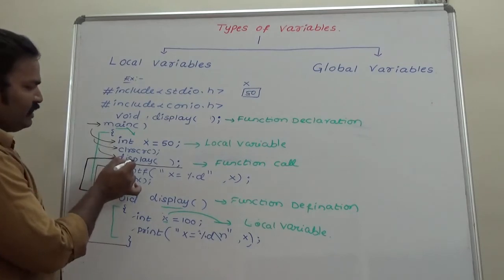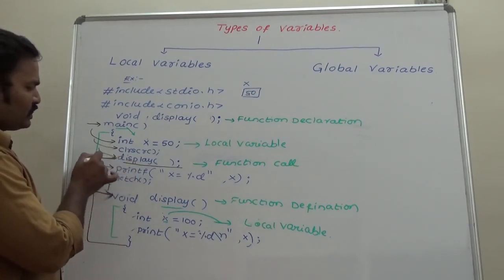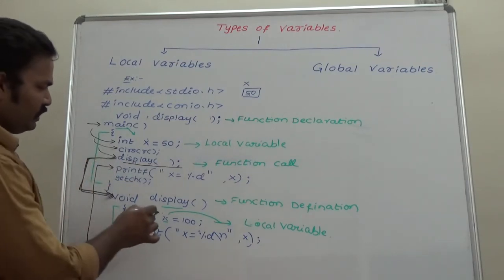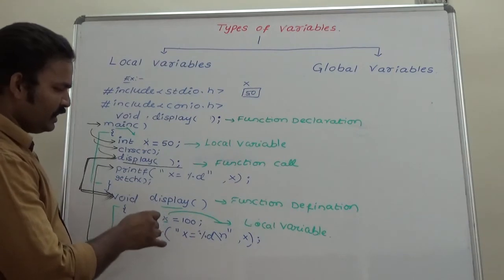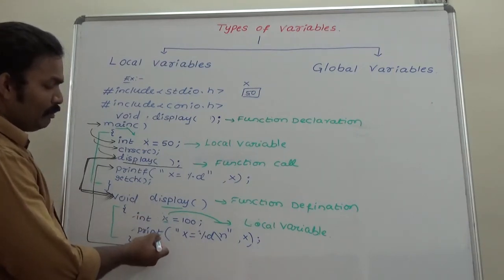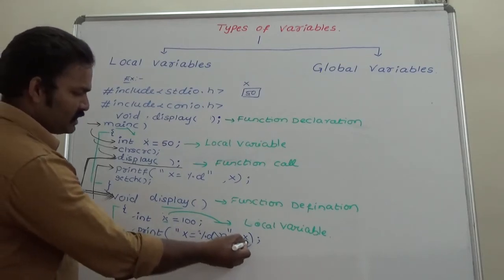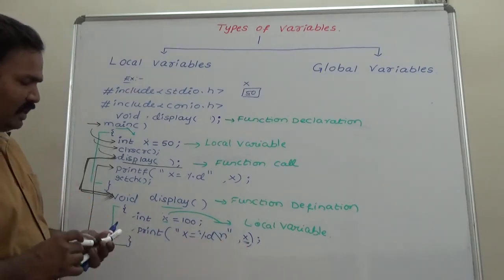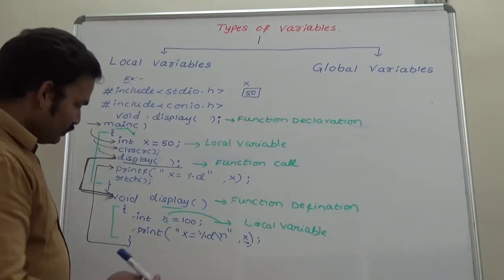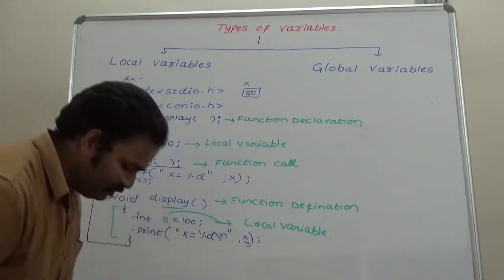So here, whenever execution control encounters a function call, execution control is transferred to the function definition. Right. Here all the statements get executed. So here the printf statement prints the x value on the screen. Okay. So x value means the display function x value.